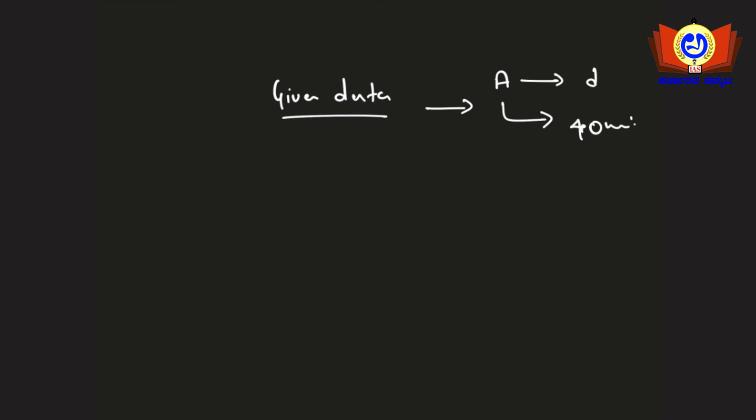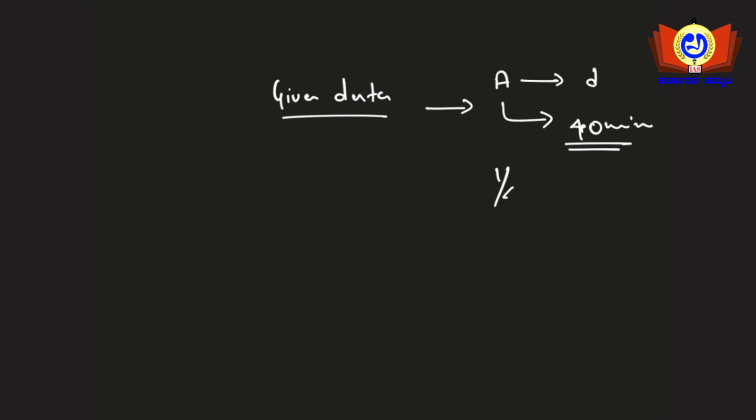So friends, what is the given data here? Let us consider there is a tap A with diameter D, and it takes 40 minutes to empty the tank.